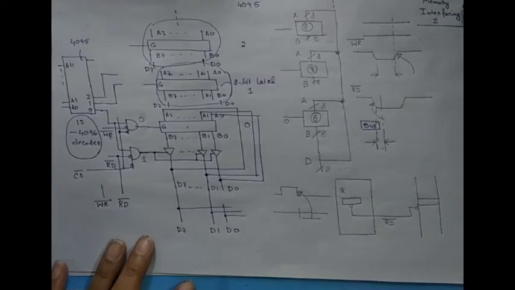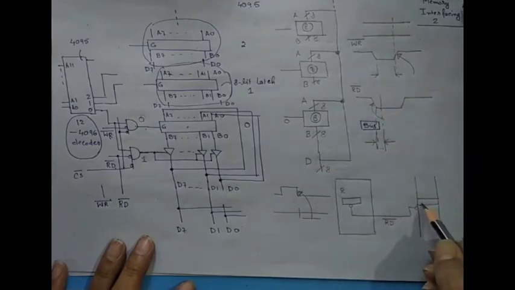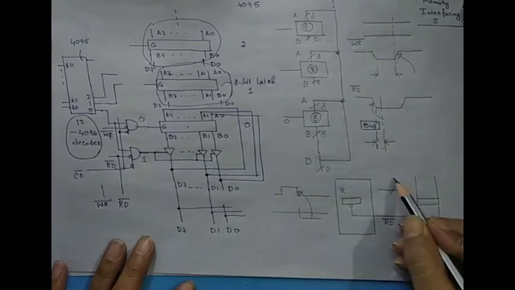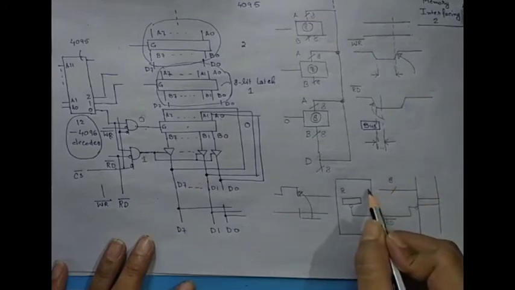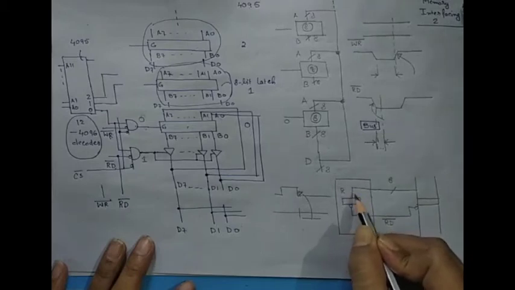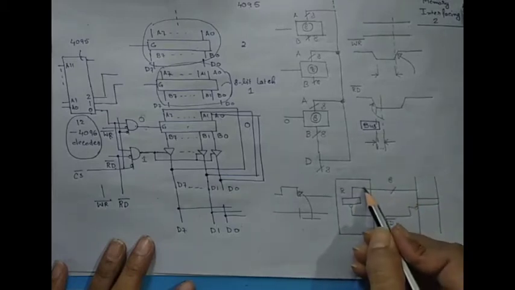In which manner? When read bar signal will be asserted by the processor, when it will go low, the particular memory location will output its contents on data lines. This is the data line, and through data line it will come to the input lines of the register. From external data line it will come on internal data line.